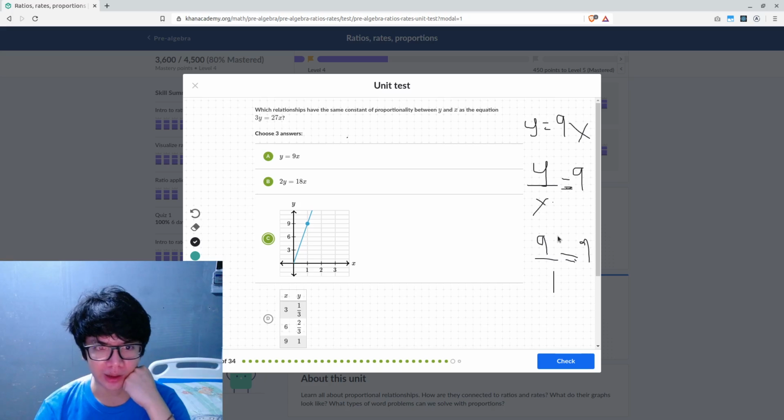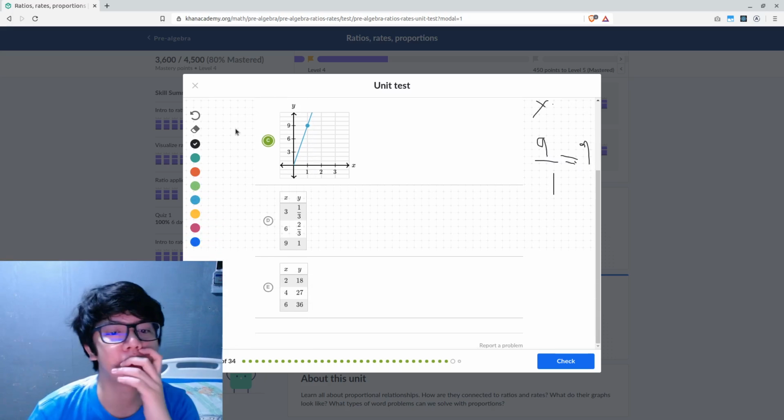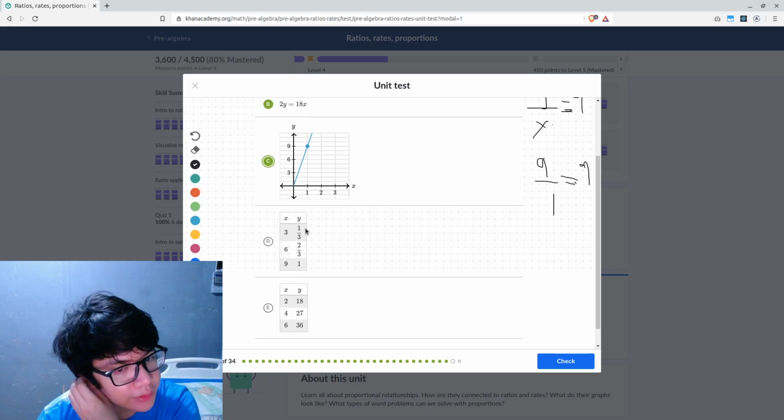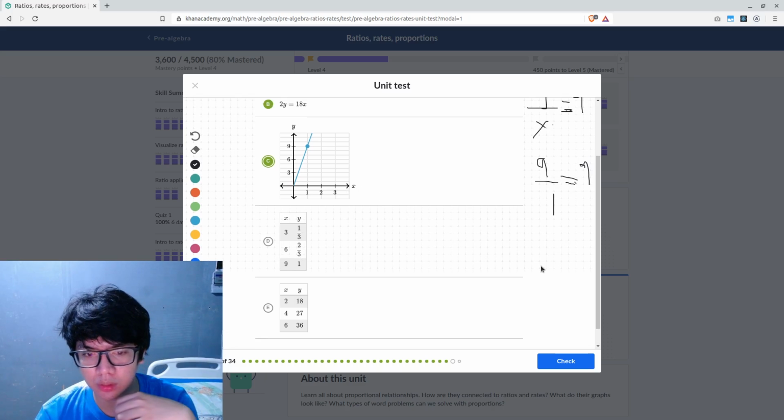This is 9. Oh well, our constant of proportionality is 9. Okay. So let's see, what's this? What's this? If our x is 9, 9 and 1.